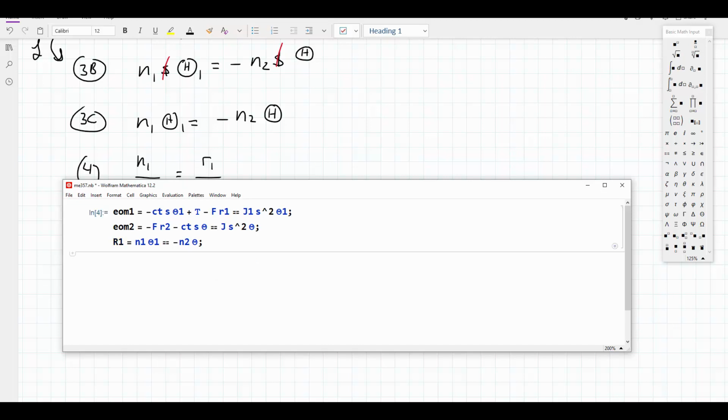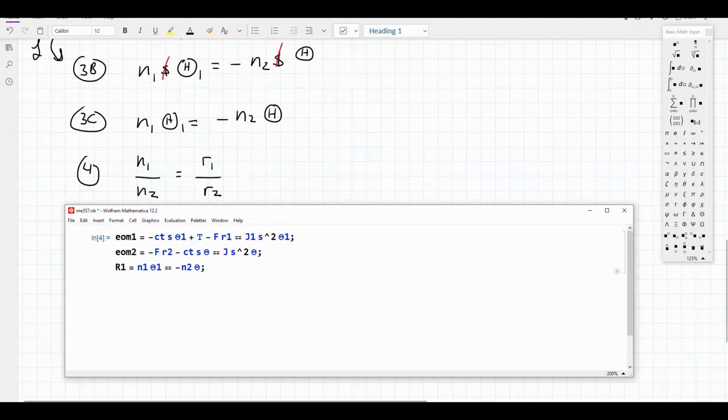And then what I will call R2 is coming from my equation 4. This will allow me to eliminate R1 and R2. So this is telling me, I'll put it in fraction form, my N1 over N2 is going to be equal to my R1 over R2.